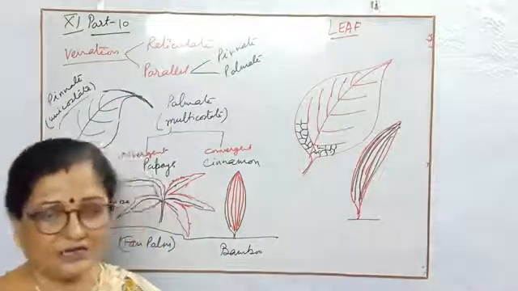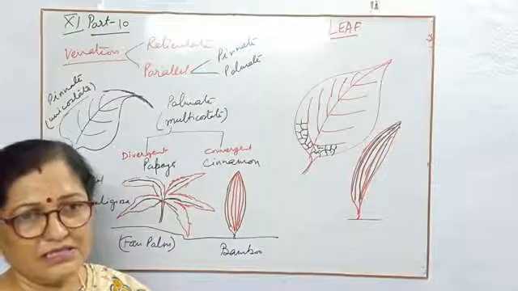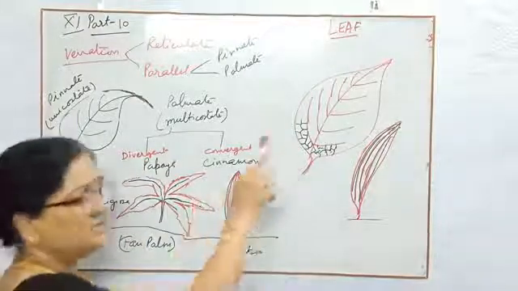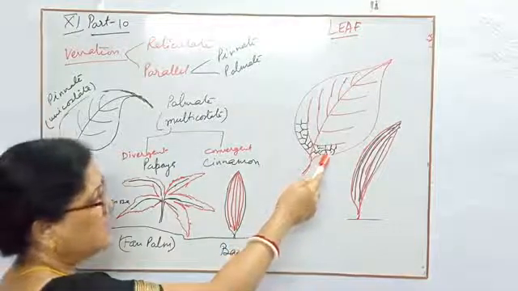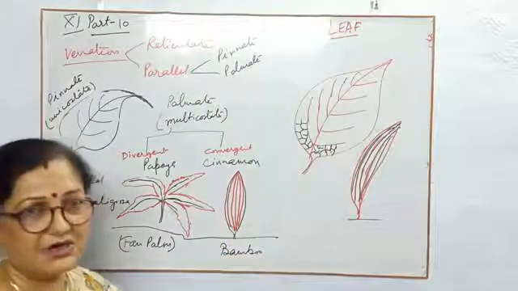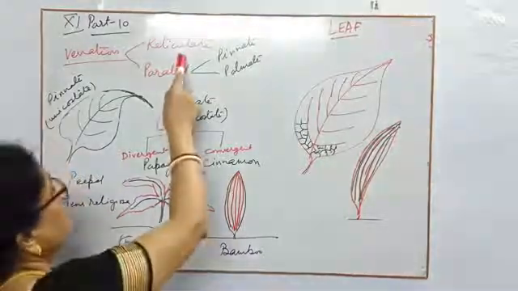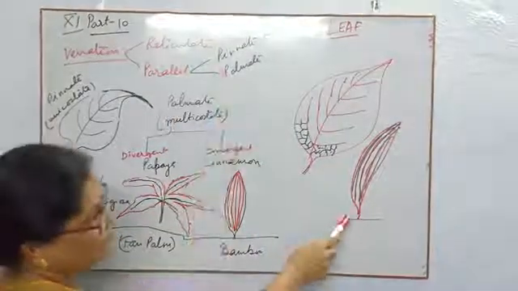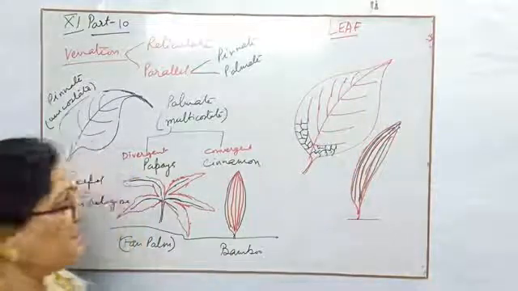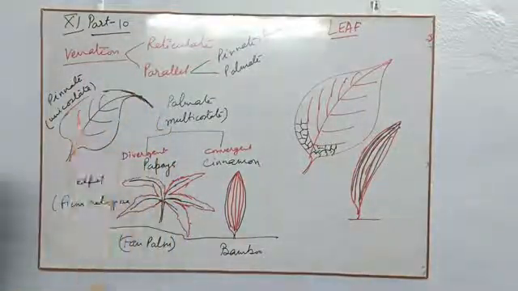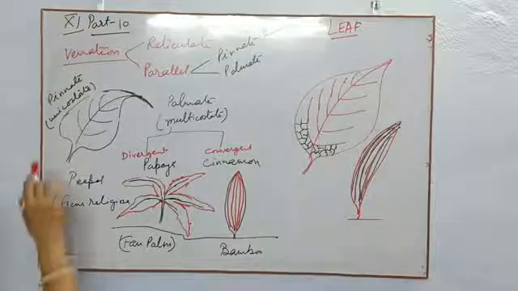If you will know, then you can get very easily about the structure. Reticulate means network. So here the side veins have some network arrangement on the lamina. So they are having reticulate venation, and those who have all the veins running parallel to the midrib, they are having parallel venation. Now children, come.